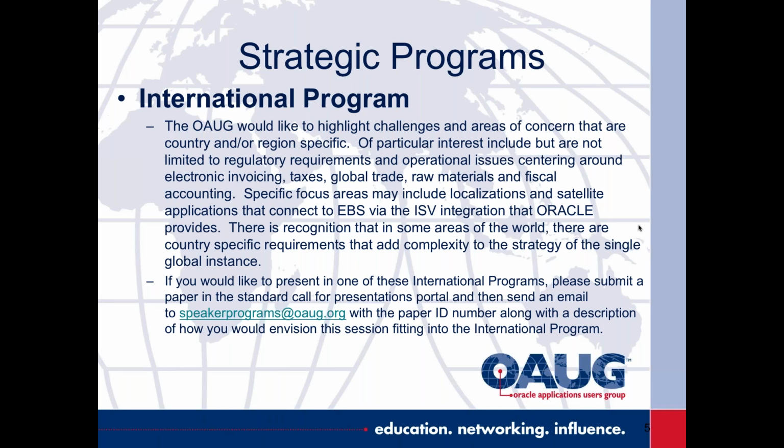There's also electronic VAT audit elements that we're looking to try to get papers on. Some countries are already enforcing that, like some of the countries in Latin America, some of the countries in Europe, Denmark, Sweden, Italy, Spain already have programs in place. Some other European countries are currently moving towards that.